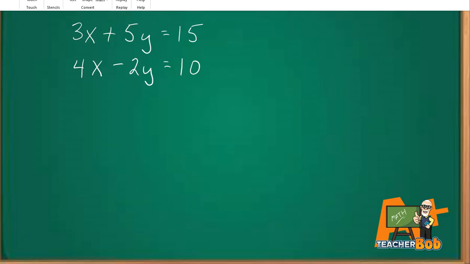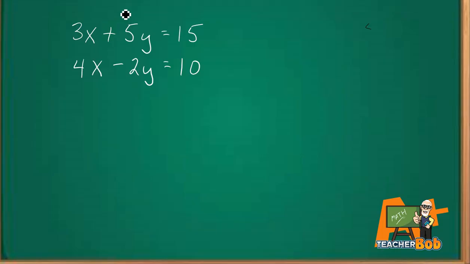So what can we do to make those y terms opposite each other? Well, if you've got a 5 and a negative 2, if we multiply 5 by 2 and negative 2 by 5, we would get a positive 10 and a negative 10.